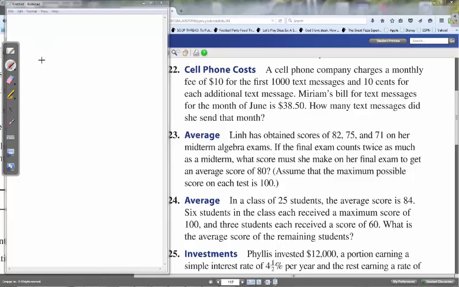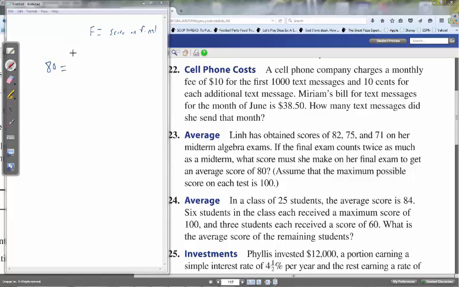So, my average, 80, would equal... Oh, and I suppose I ought to assign a variable here. So what score must she make on her final exam to get an average score of 80? That's the variable, so I'll let F equal score on final. That's going to be out of 100 because all the tests are out of 100.